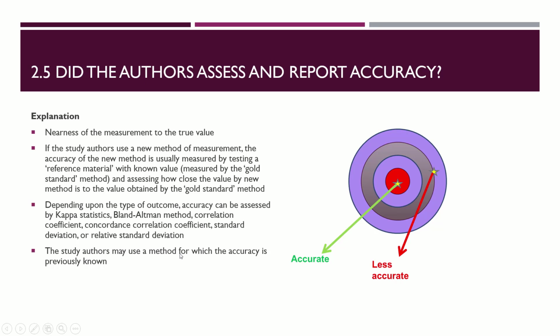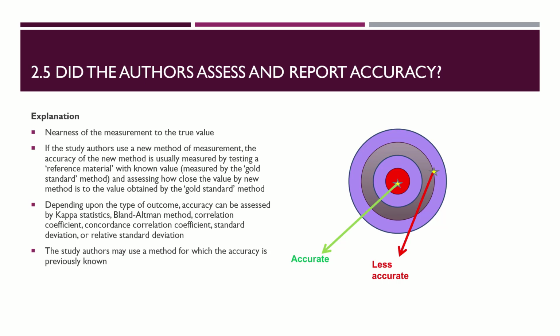So if the authors used a new method of measurement, the accuracy of the new method is usually measured by testing what's called a reference material with known value. And they test the value using some gold standard method, and they assess how close the value is as measured by the new method compared to the gold standard method.